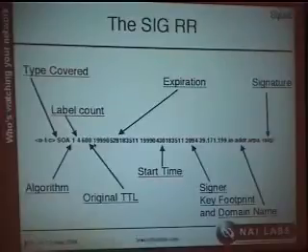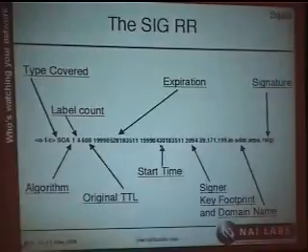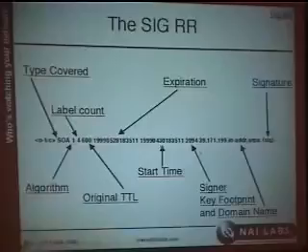They're going to have to go in there and change some of these times if they're going to secure the data. So we have two periods of time, an expiration time and a start time. Having a start time allows me to put signatures into the future for purposes of rolling over keys. I may want to use one set of keys for today or this week, and another set of keys for next week, and I want to put the signatures out there when they're going to be used.